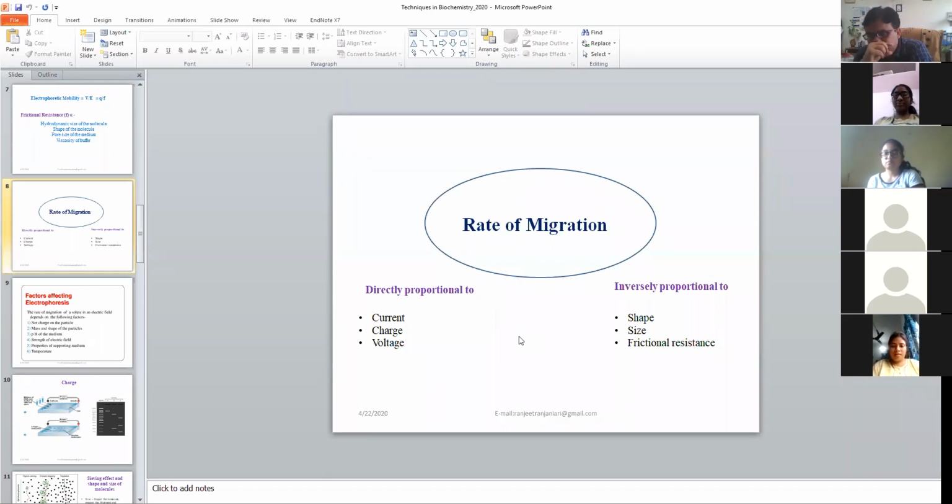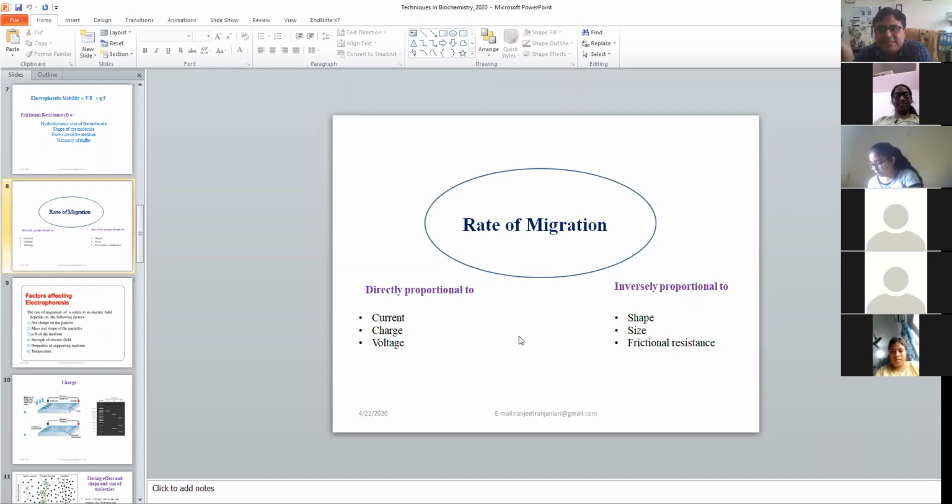Pre-warming is done at maybe 40 degrees or 60 degrees, sometimes 72 degrees Celsius for 5 or 10 minutes. The purpose of pre-warming is that we want to have a uniform shape of the molecule which you want to separate. Because of increased temperature for a short duration, it will take a uniform shape, and then when you load it on the gel, there will be uniform separation, right?